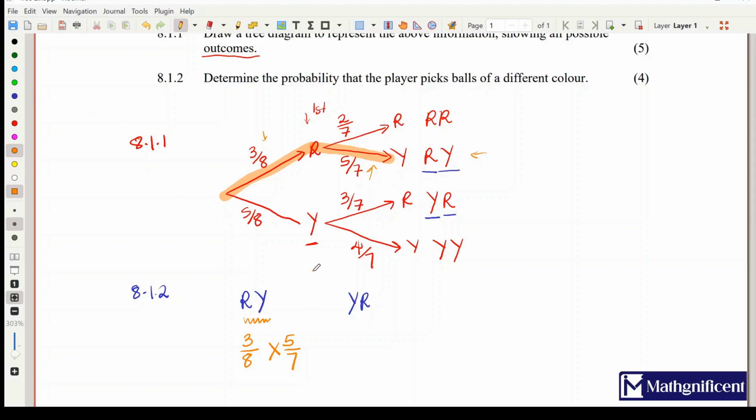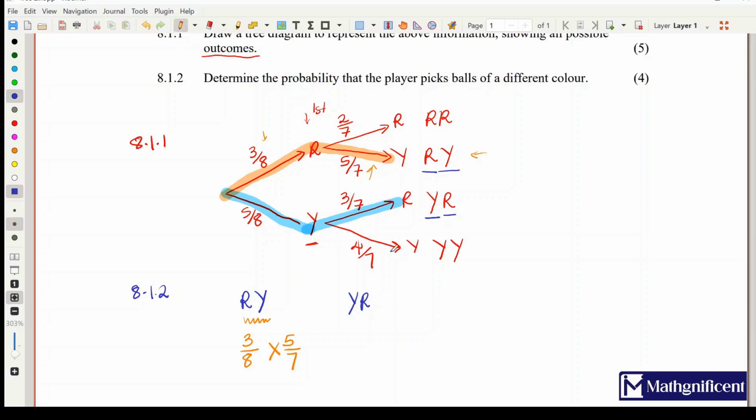So now let's move on to the next scenario. Remember, we can have a yellow, then a red ball. We can first have a yellow ball, and then after having a yellow ball, we can have a red ball.